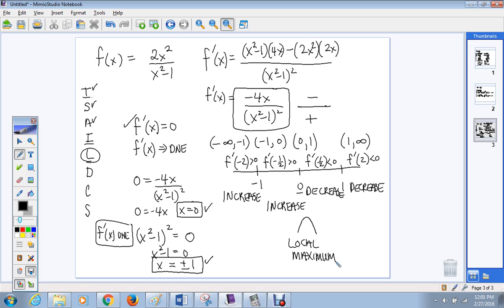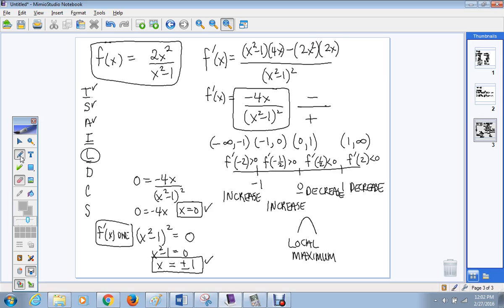Now the domain of this function, we can see the domain of the original function here. The domain is going to be, let me clear just a little bit of room up here for this.